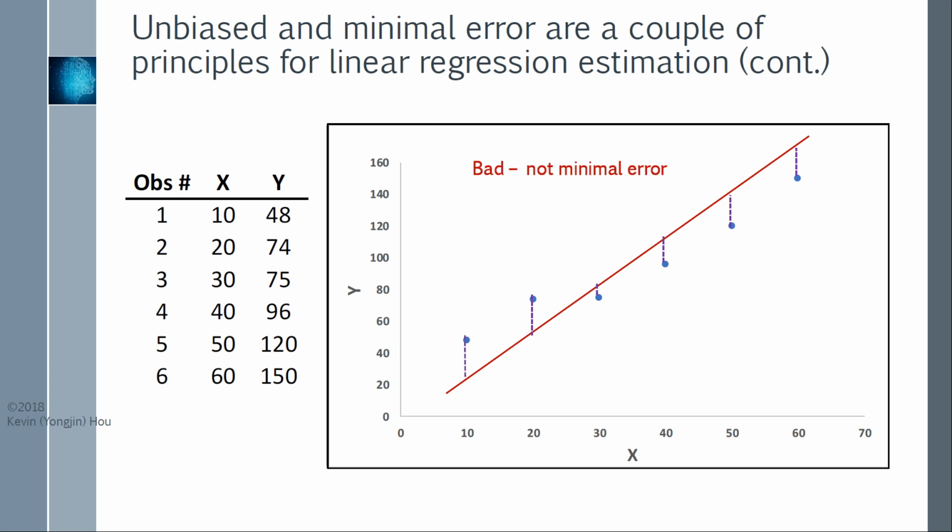How about this line? Well, it's still not that good, because another criterion of determining which line is the best is to ensure the overall projection error is the minimum.